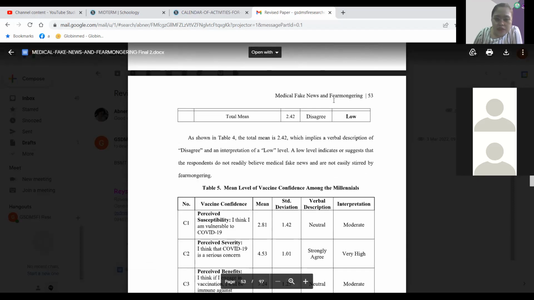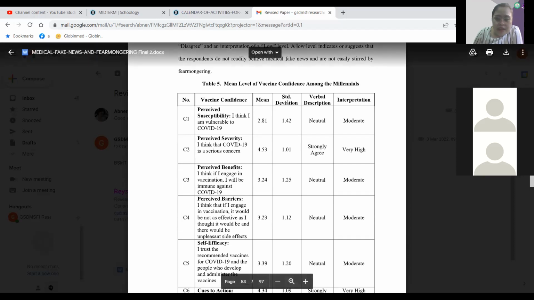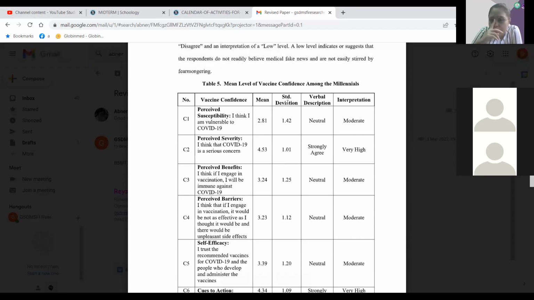So first part, wala din silang standard deviation. You may get the standard deviation also, the verbal description, and then again come up with your own interpretation using the range na na-compute ninyo. Okay, that's how you tabulate the findings of your study here using the mean and the standard deviation.